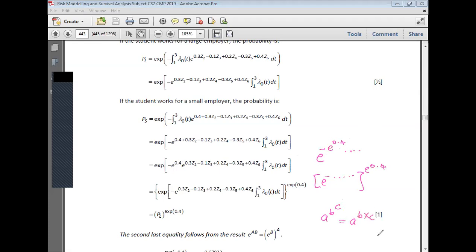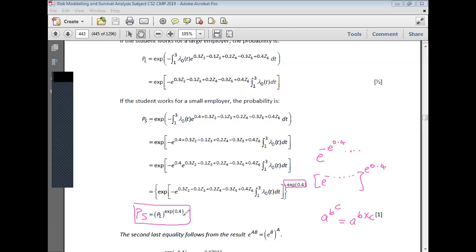So using that, you are just rewriting this whole thing with the power of e raised to 0.4. And as we have just seen, this is nothing but PL. So you have this PS in terms of PL and vice versa, basically. So this is PL raised to e raised to 0.4.